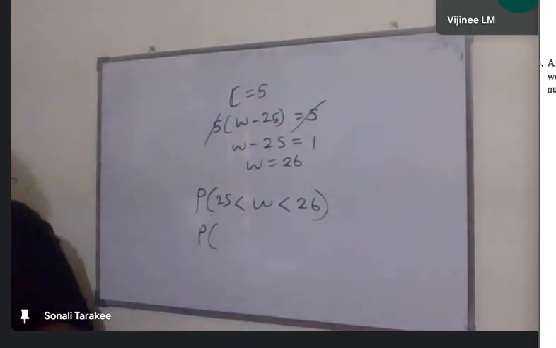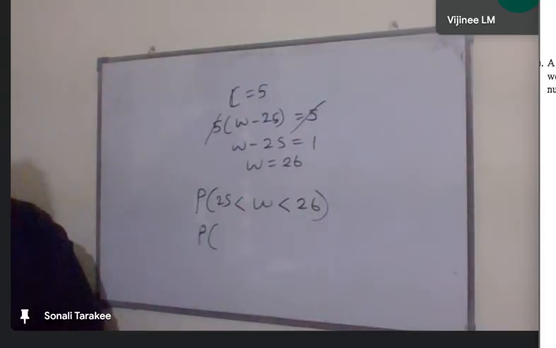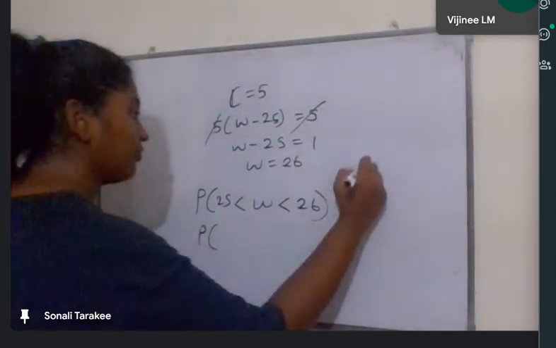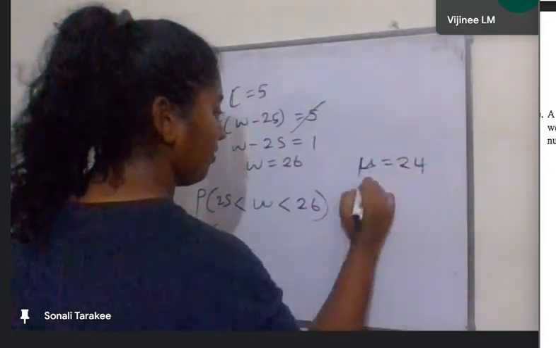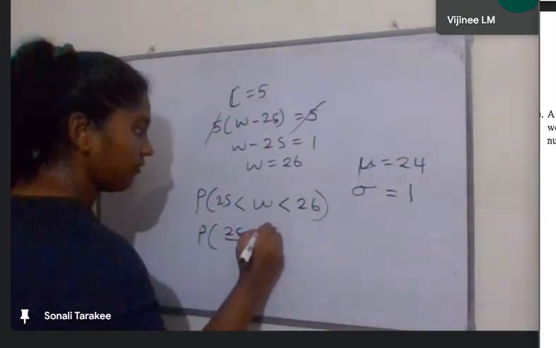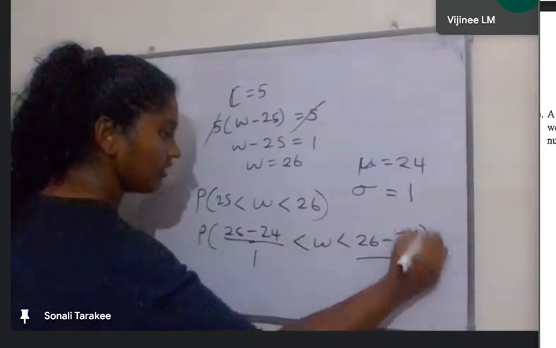Okay, so the mean is 24, SD is 1, so 25 minus 24 over 1, and 26 minus 24 over 1.